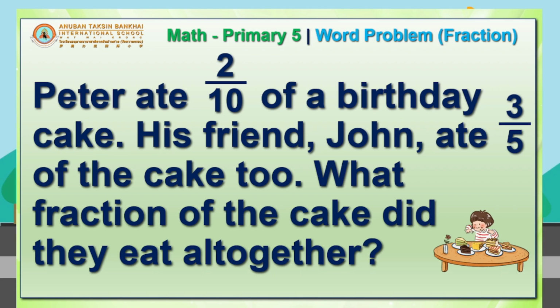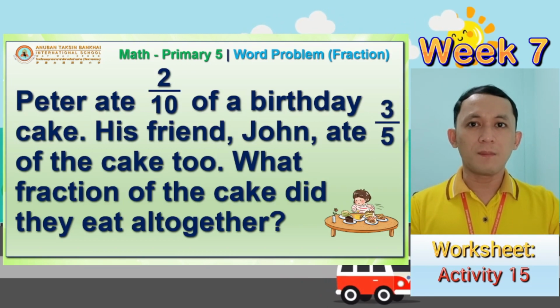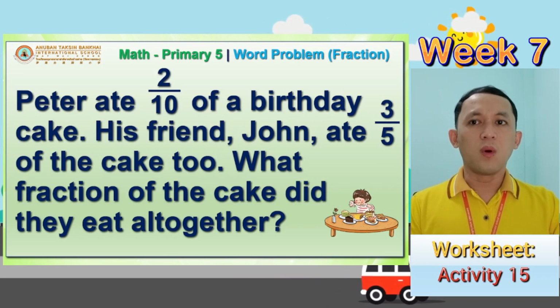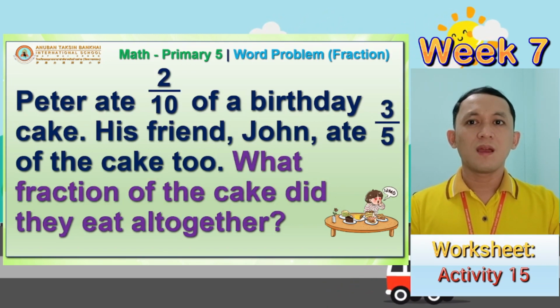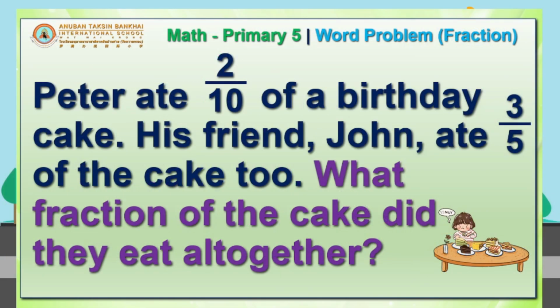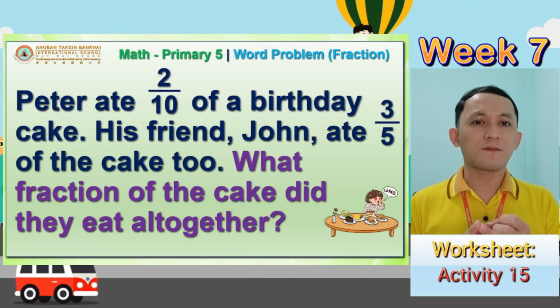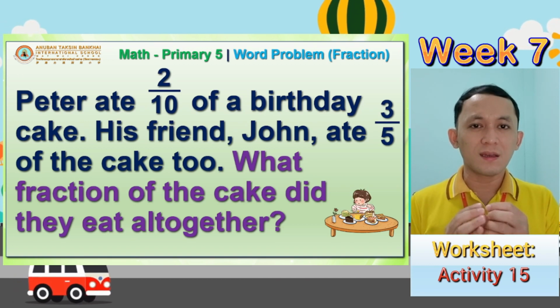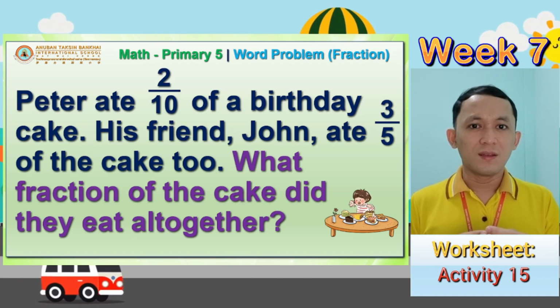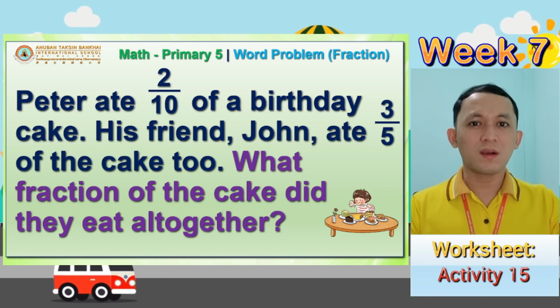It's on the last sentence of our problem: what fraction of the cake did they eat all together? It's asking for the cake that Peter and his friend John ate all together. So that is our question.